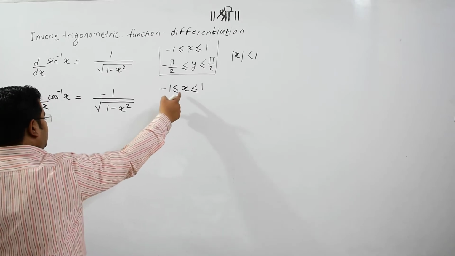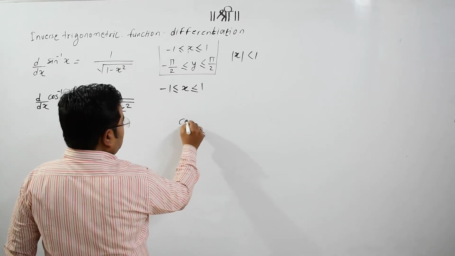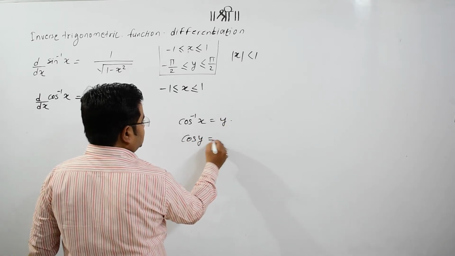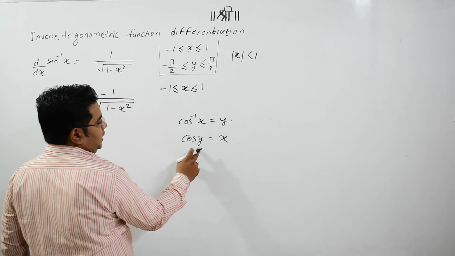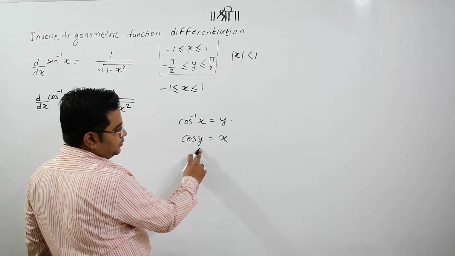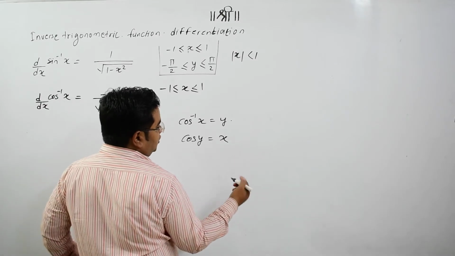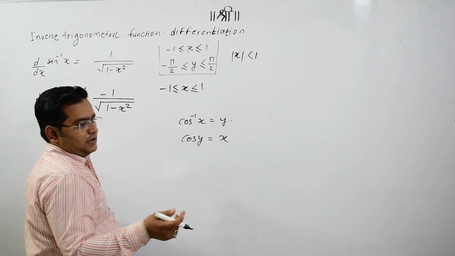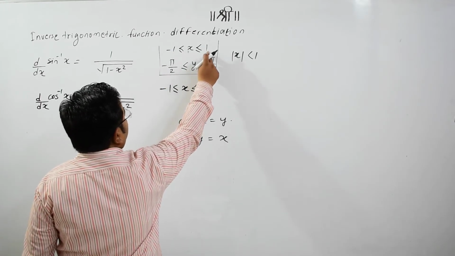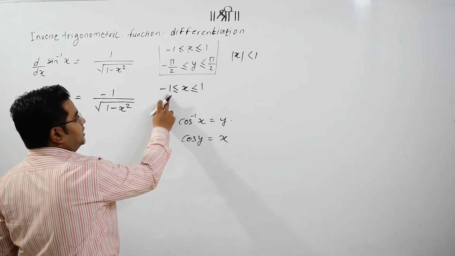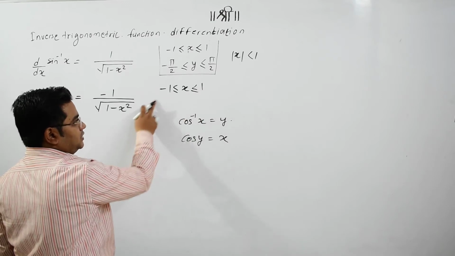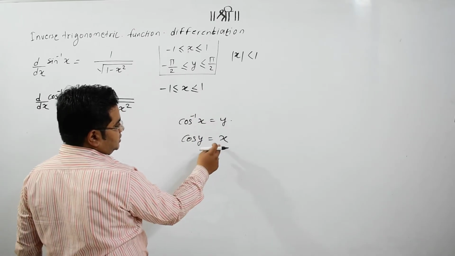This is how we are considering this value, because we know that cos inverse of x is equal to y, so cos of y is equal to x, and for any angle theta this value should not be greater than 1 and should not be lesser than minus 1. Similarly here also it should not be greater than 1 and should not be lesser than minus 1. Therefore we are using this condition on this basis.